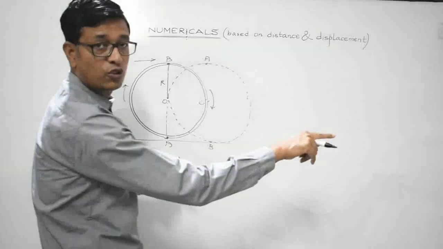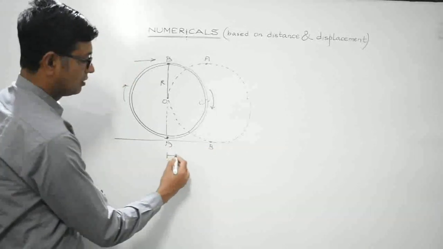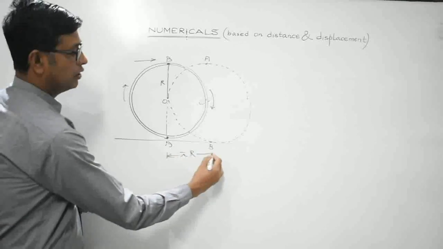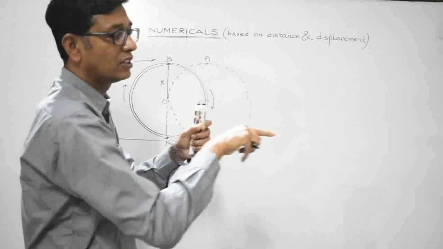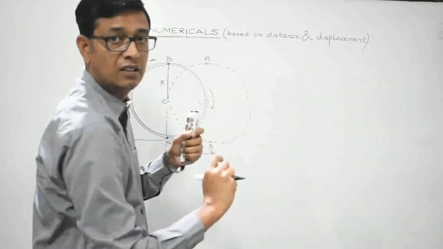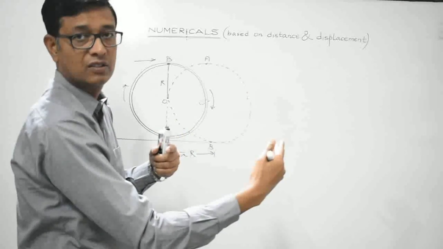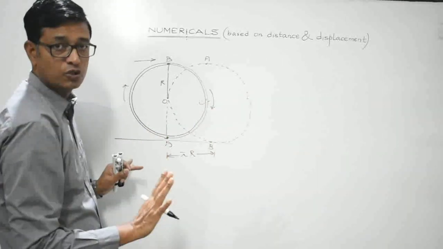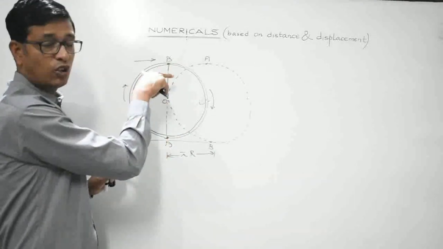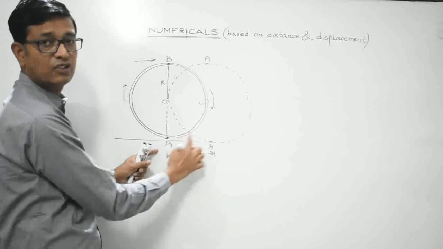And in half the revolution, it will cover what distance? Pi r. This you are aware. If you consider a wheel, during one complete revolution, it traverses a linear distance of 2 pi r. Therefore, during half revolution, it will cover half the distance, or the same as half the perimeter of the circle, which is pi r.